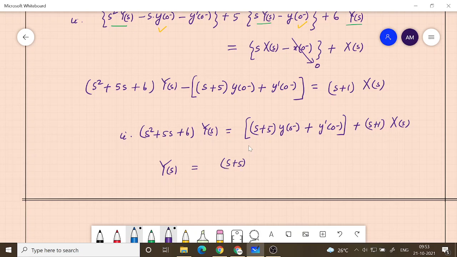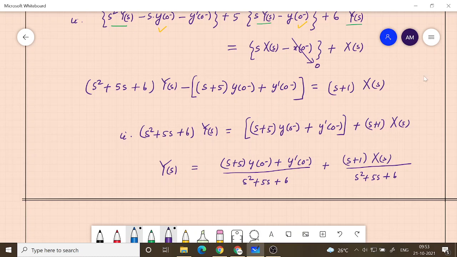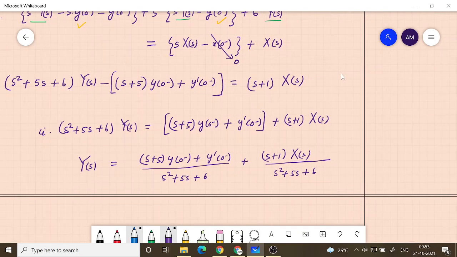now a final form, which is this term which contains all the initial conditions divided by s square plus 5s plus 6, and then plus another term which contains x of s divided by the same denominator s square plus 5s plus 6. So this is how we are getting this. Now the next step is basically solving it.